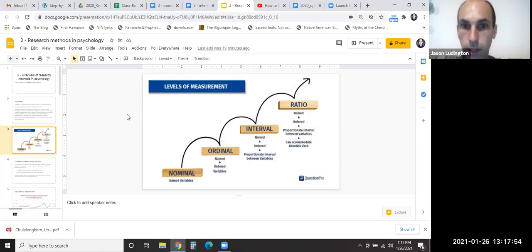Ordinal uses the terms first, second, third, fourth, like that. They are describing the order, such as who scored the highest on the midterm exam, who scored second highest. So we can order all the students, and then that's an ordinal measurement.